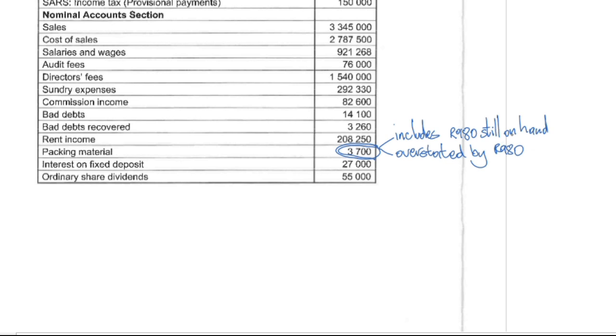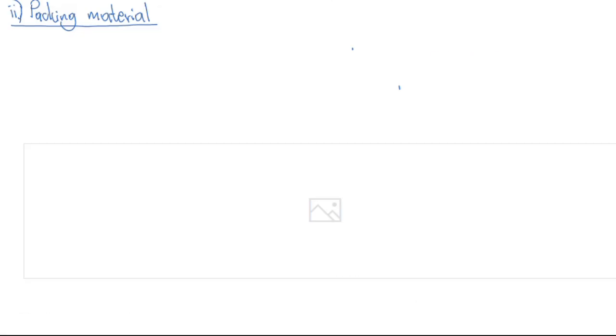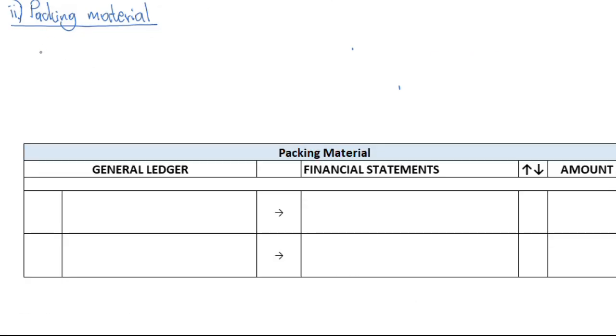So how do we get the correct amount of packing material used? We use the formula packing material total minus packing material on hand equals packing material used. Packing material total is equal to 3,700 rands.